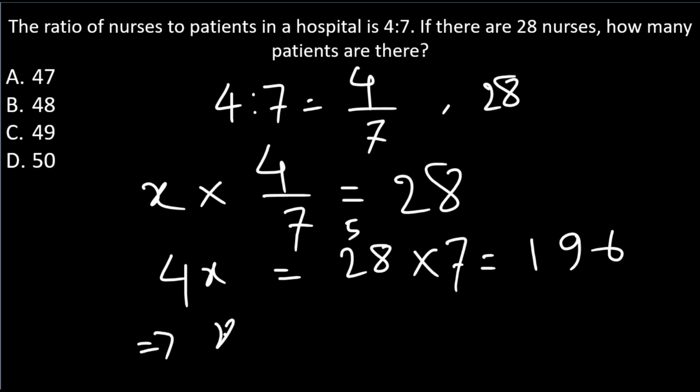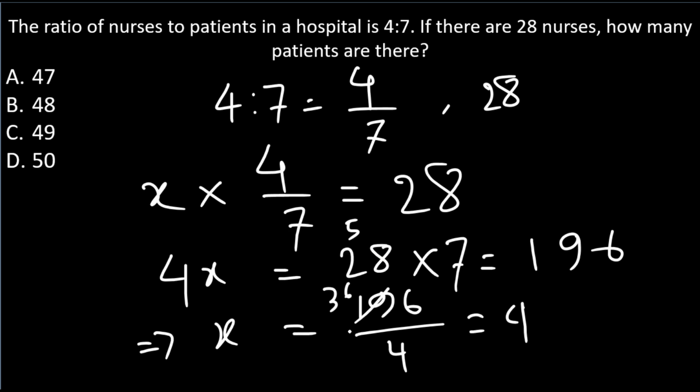Now we find X: 196 over 4. 4 goes into 19 four times, 4 times 4 equals 16, and 19 minus 16 equals 3. Then we get 36, and 4 goes into 36 nine times. So the answer is 49.